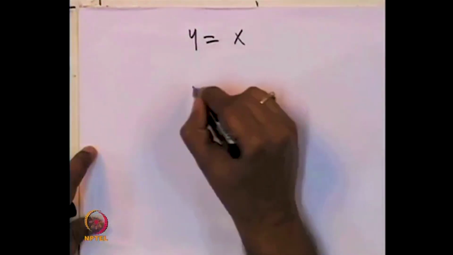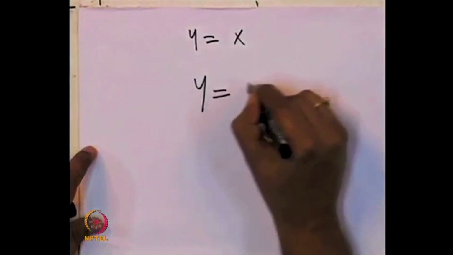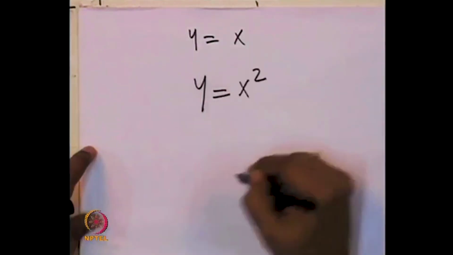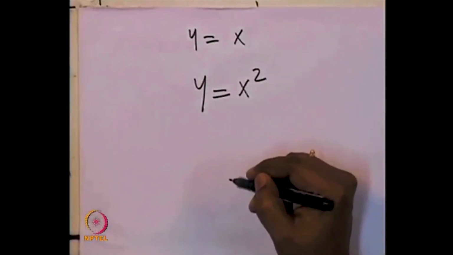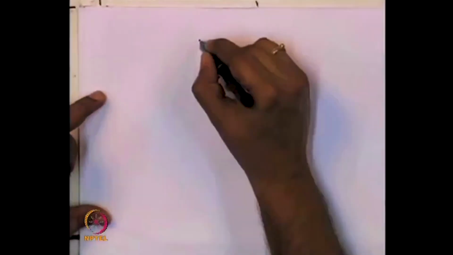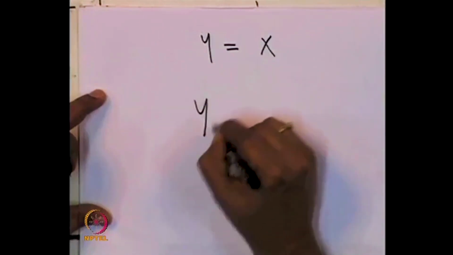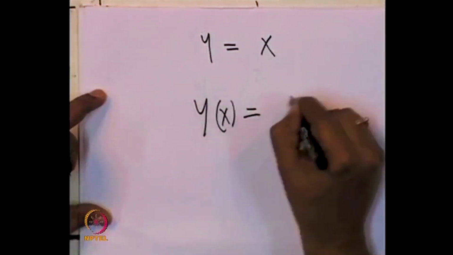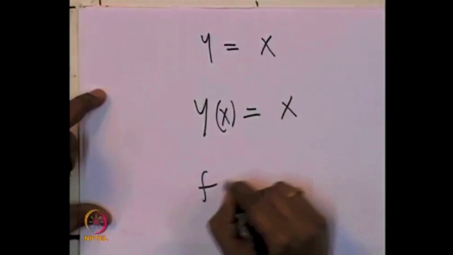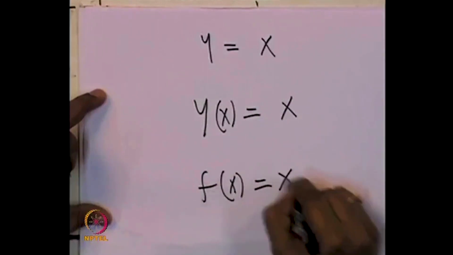So, once we understand this, as we saw previously, we had two functions now, y equal to x and y equal to x square, and we saw previously that we represented this in different ways. We represented it as y equal to x, y of x equal to x, and f of x equal to x.